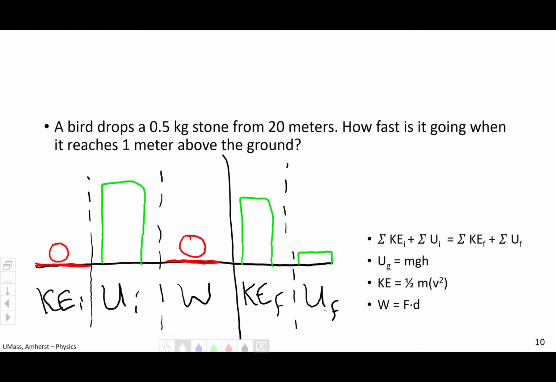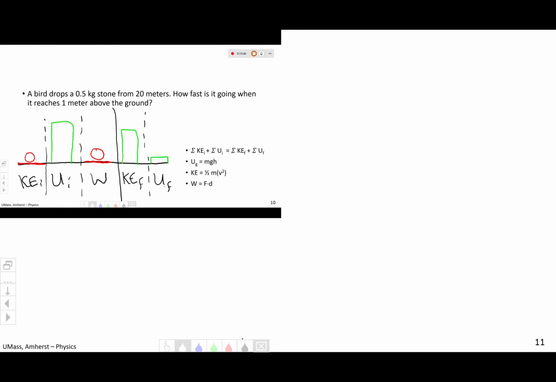All right? So let's figure out how much of that there is. So the potential energy initial is going to be mgh, which is 0.5 times 9.8 times 20, giving us 98 joules.